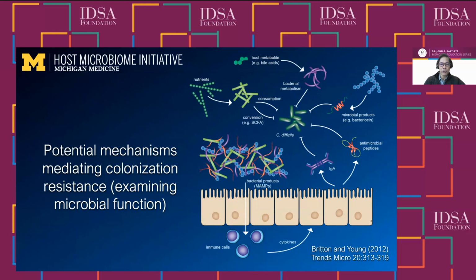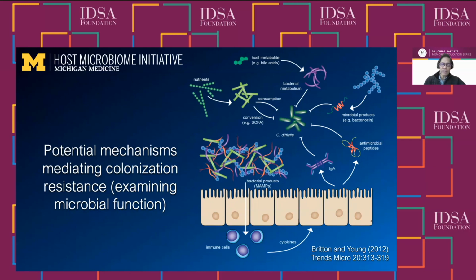And this is why I use the term microbiome, because the bile acids don't come initially from the microbes, but from the host. And we'll talk a little bit about how bile acids affect C. difficile metabolism. Other microbes can directly produce antimicrobial products such as bacteriocins, or they can signal through the host, either through the epithelium or the immune system, modulating the environment, again, modulating the microbiome, for example, changing secretory IgA or other antimicrobial compounds such as antimicrobial peptides.